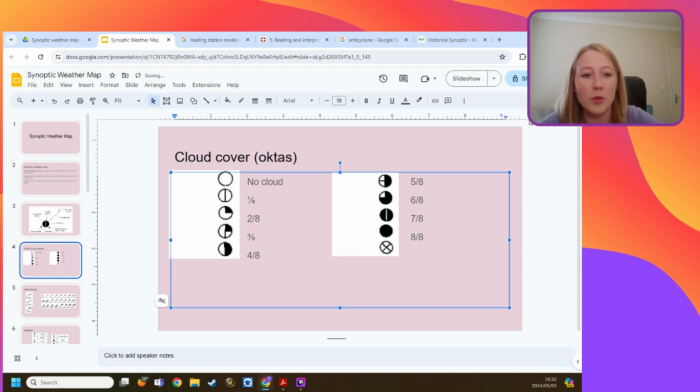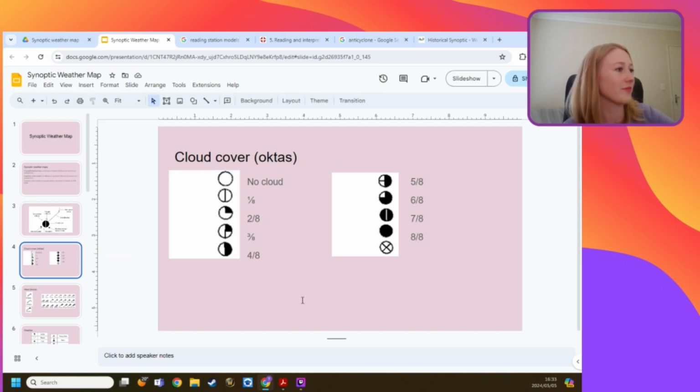Okay, then this one with a cross through it means that the sky was obscured. So we couldn't take a reading at that time. It's not the fact that there's complete cloud cover so we couldn't see the sky. It's that we couldn't record the cloud cover. There. Now that looks right.